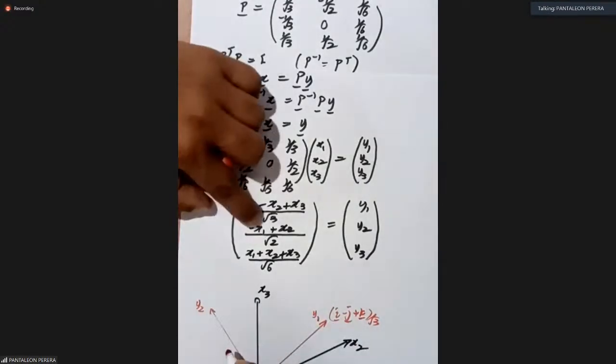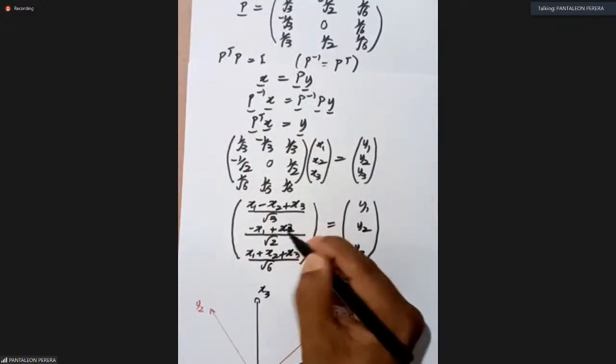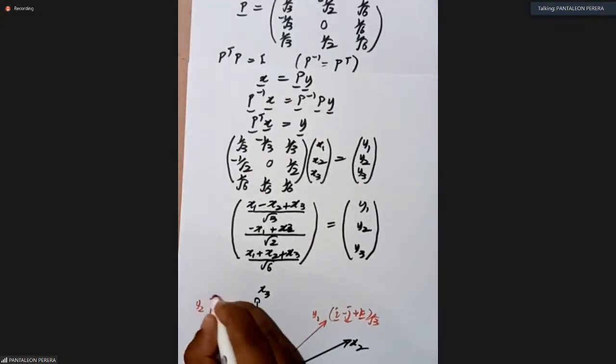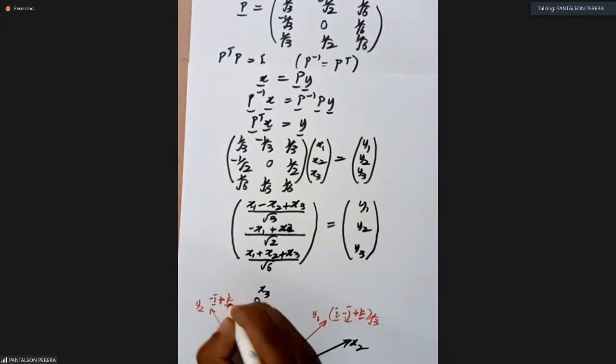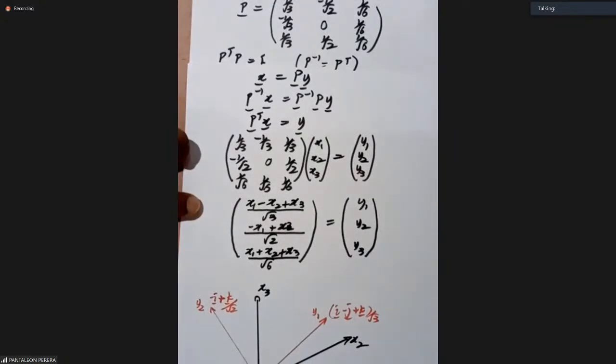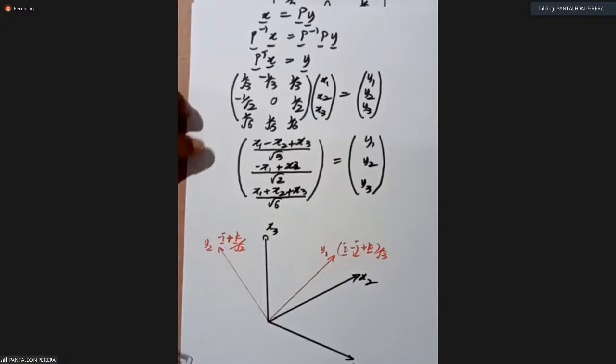Here, what is the direction? This is minus i plus k over square root 2. Sorry, I could have placed it up here.